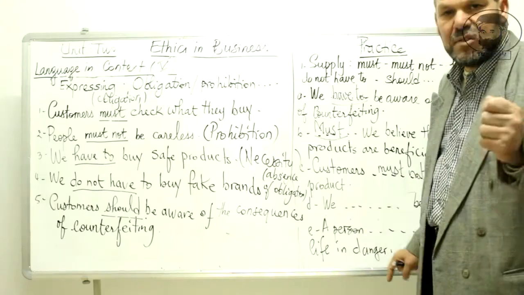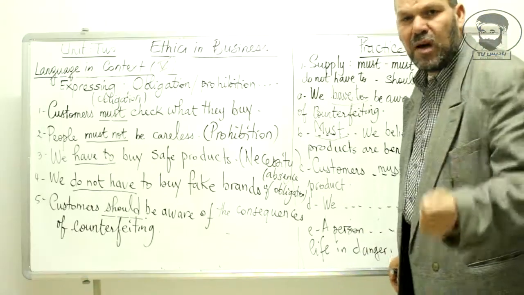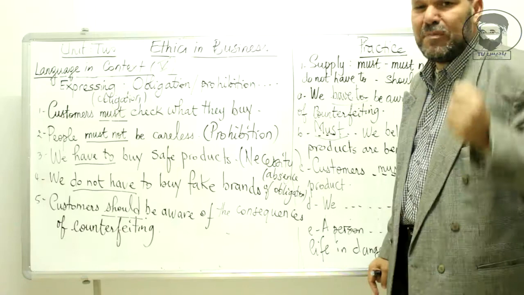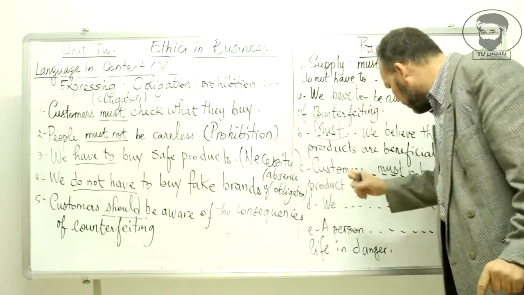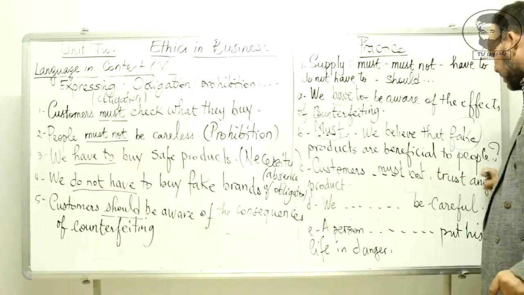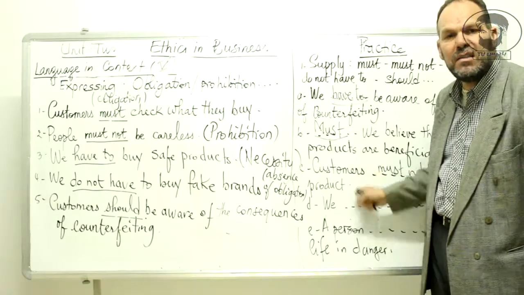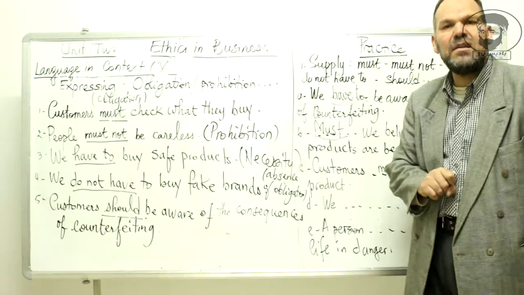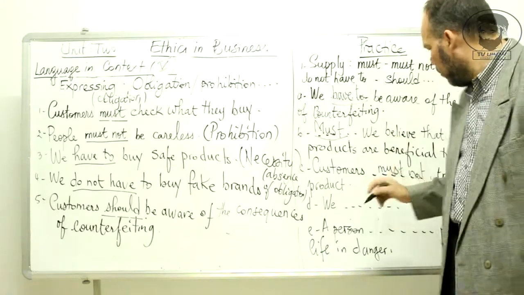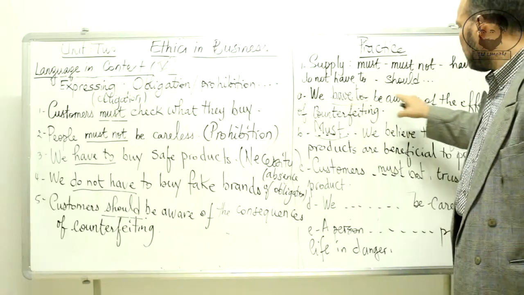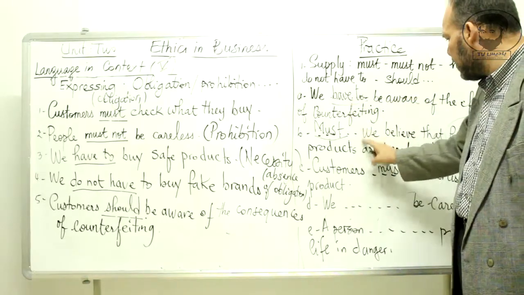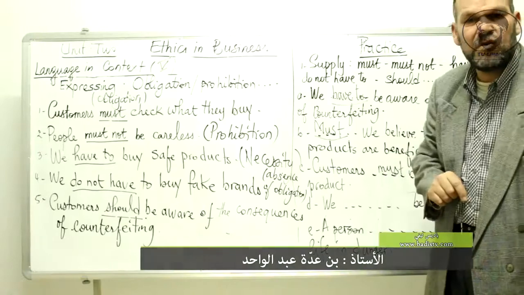So when someone tells you that this is a product number one, it's used by millions of people, do not trust this until you use it. So customers must not trust any product, especially when it is on TV or on the internet. So be careful. So we must not, it's a prohibition, as we must be aware that this is not beneficial to our health.